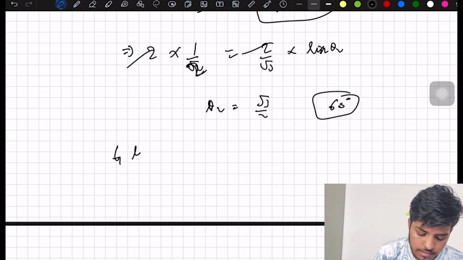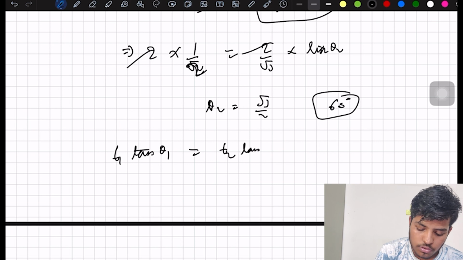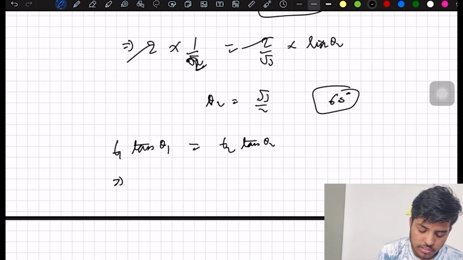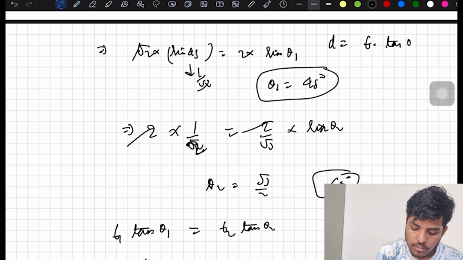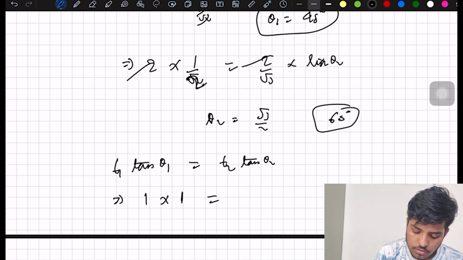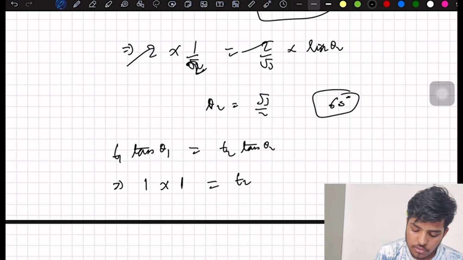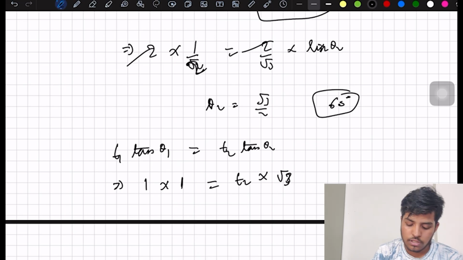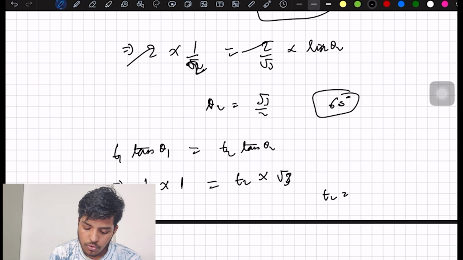That is T1 tan theta 1 will be equal to T2 tan theta 2. So T1 is 1 centimeter into tan theta 1, 45 degree, so tan theta 1 is 1, equals T2 into tan theta 2, that is root 3. So T2 will be 1 upon root 3.